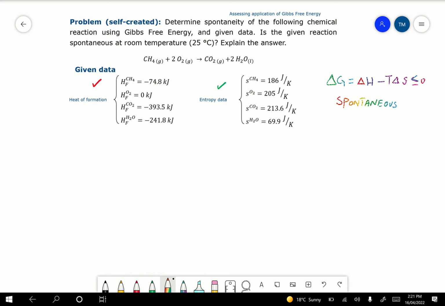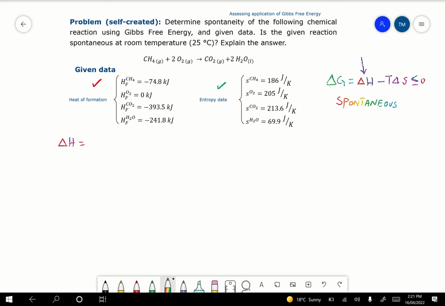Now first what we can do is we can calculate delta H, which is change in enthalpy of the reaction.